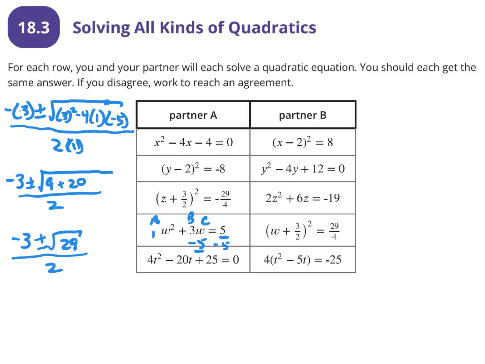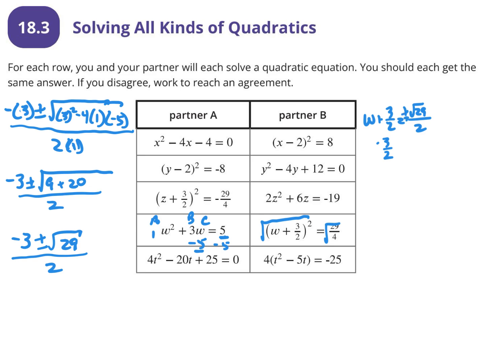Okay, so for the one on the right, take the square root. So you can separate the square root top and bottom. So you get w plus 3 over 2 is equal to the square root of 29. The square root of 4 is 2. So we're going to leave it like that. You subtract 3 halves, well, plus or minus. Don't forget your plus and minus.